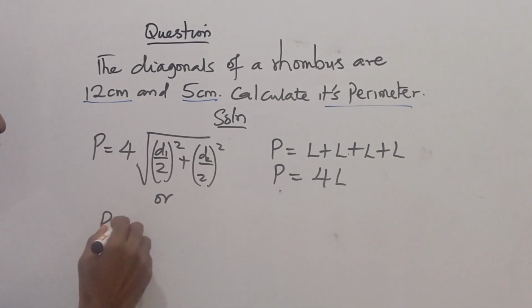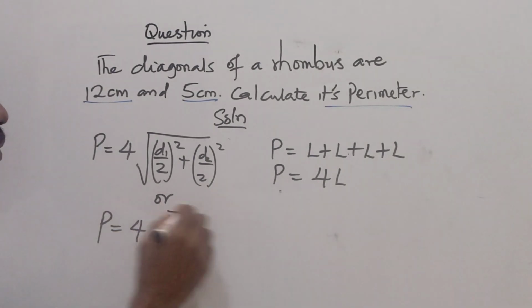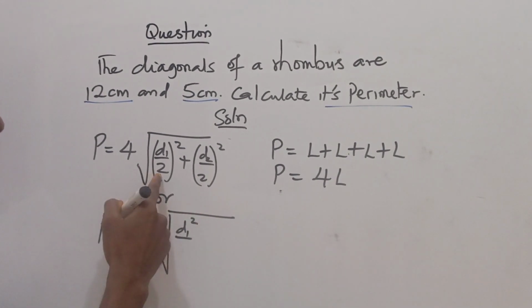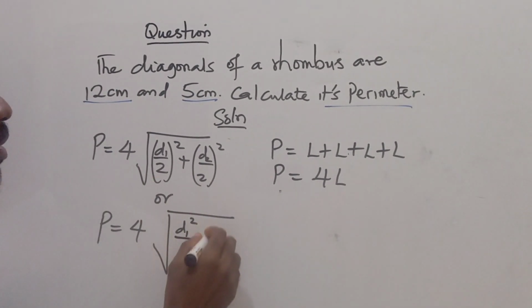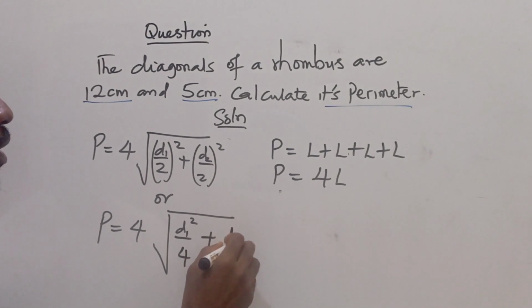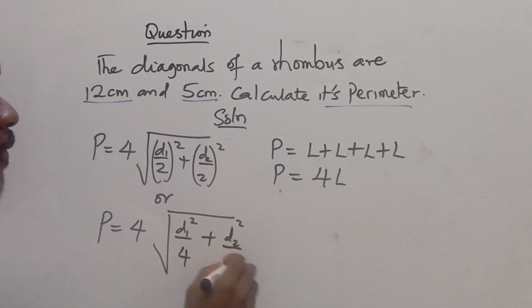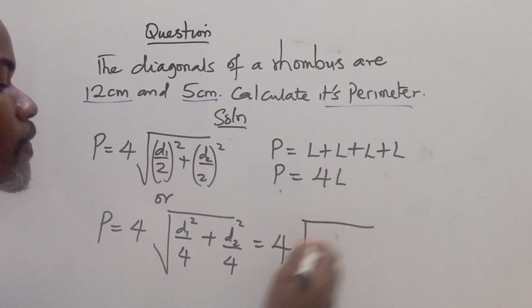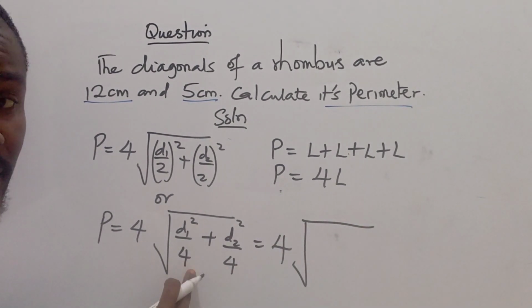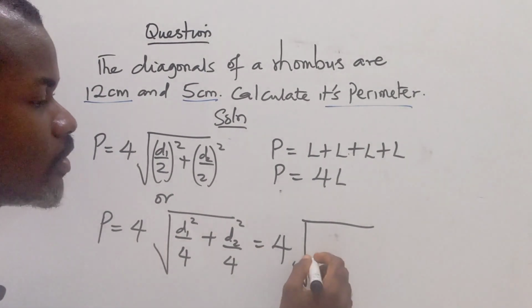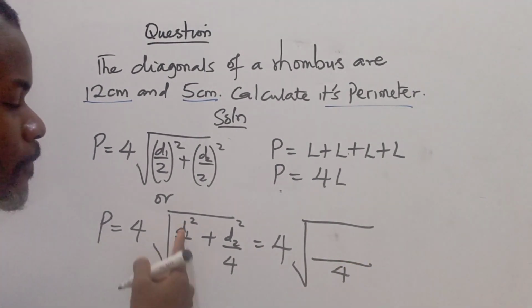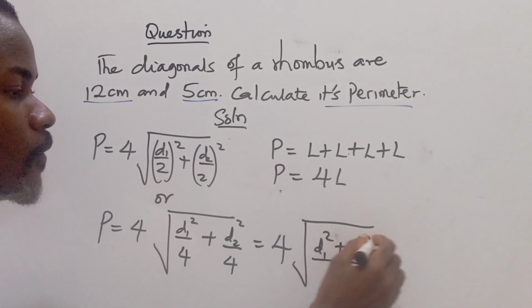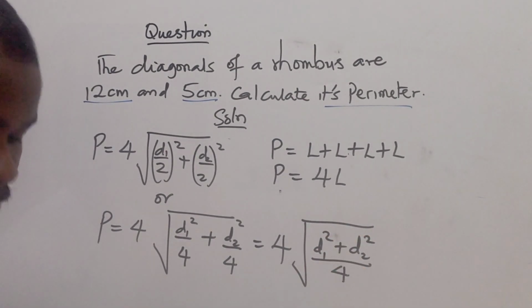We have perimeter is equal to 4 into the square root of D1 squared over 2 times 2, which is 4, plus D2 squared all over 4. Since we have a common denominator 4 there, we can say D1 squared plus D2 squared.